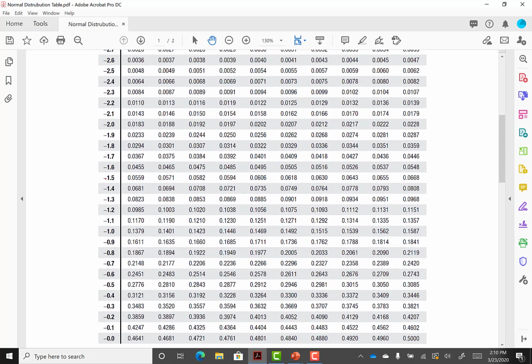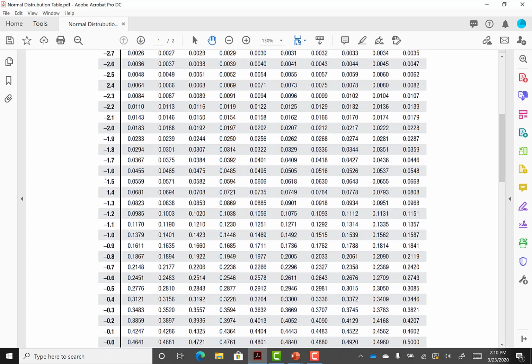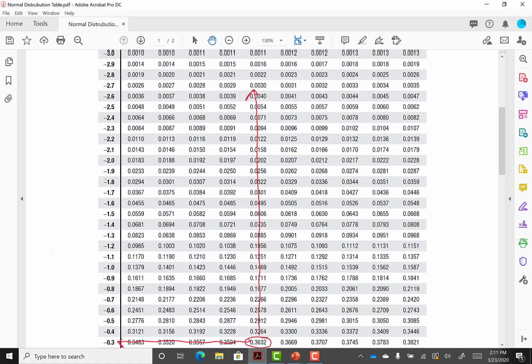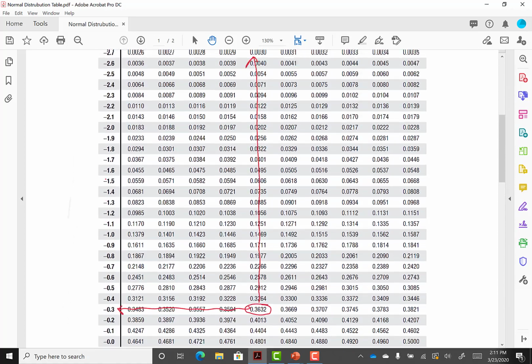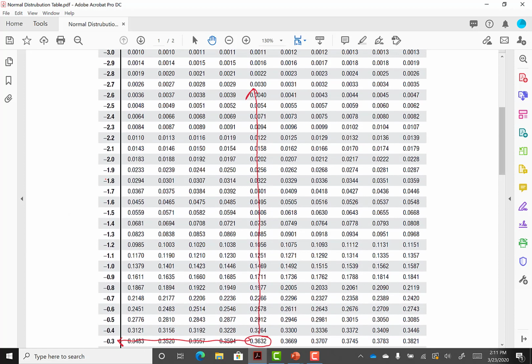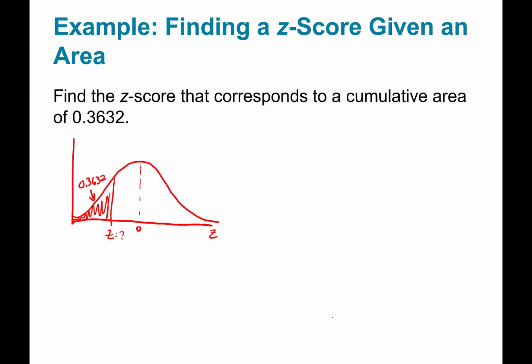So we're just looking in here somewhere in the middle of the table for 0.3632, and it's right here. And so now we're going to work backwards and go up and over to get the z-score. In this case, it's negative 0.3, and then going up to the top, 5. So negative 0.35 is the z-score that corresponds to it. And so that's our answer in this case.